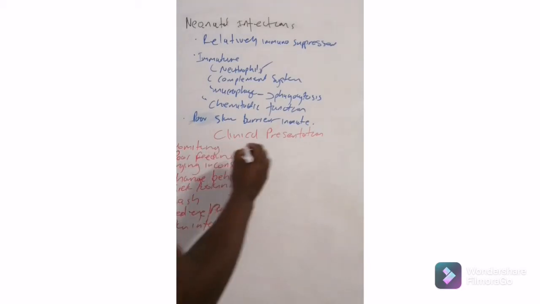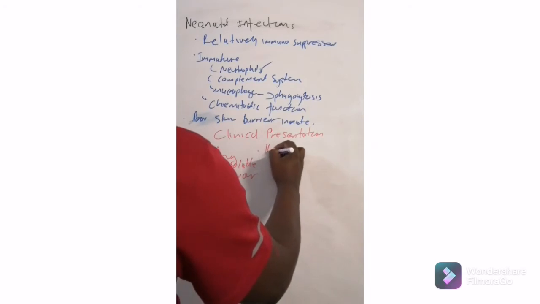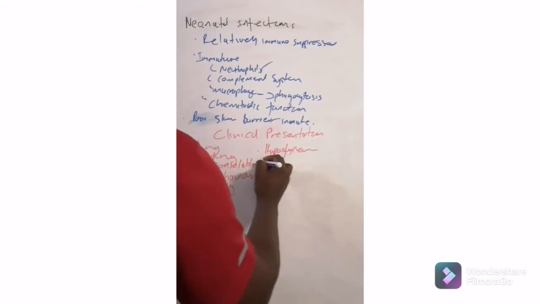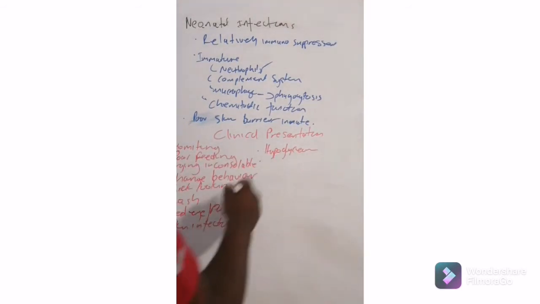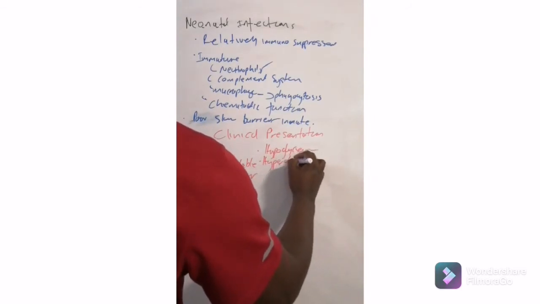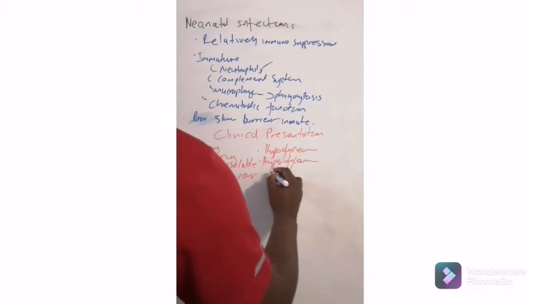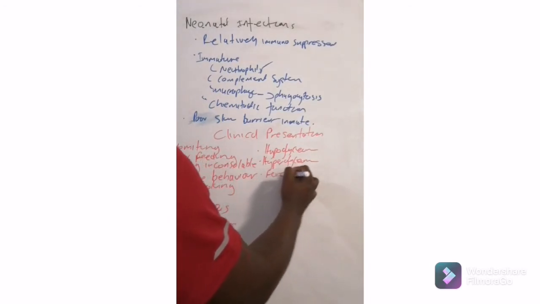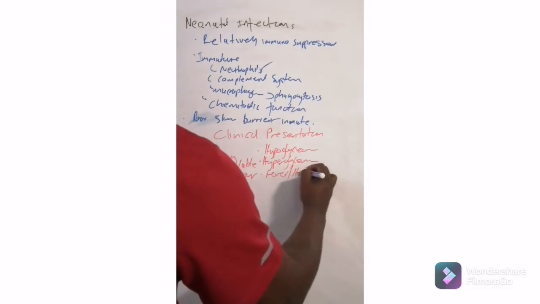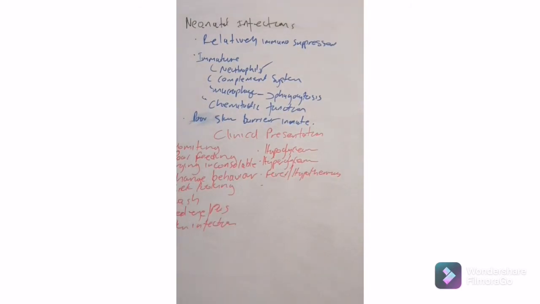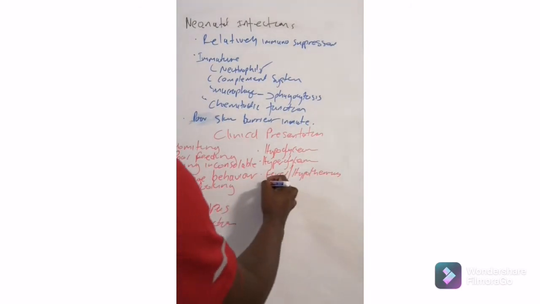And then they might have hypoglycemia. They might have hyperglycemia. They might have fever. They might have maybe hypothermia. So they might even have metabolic acidosis in terms of the investigations now.